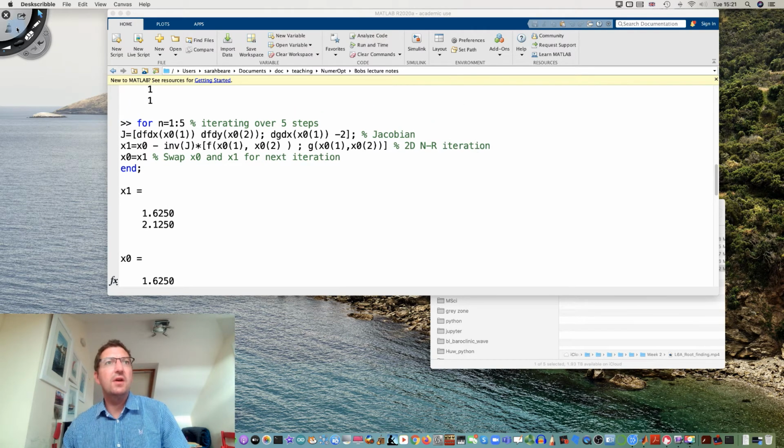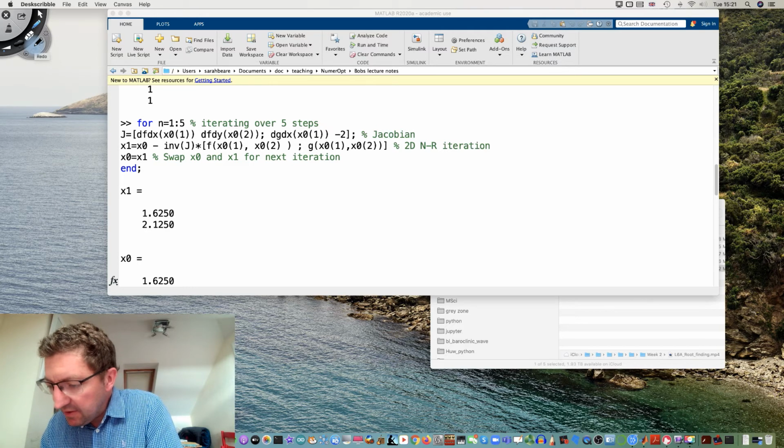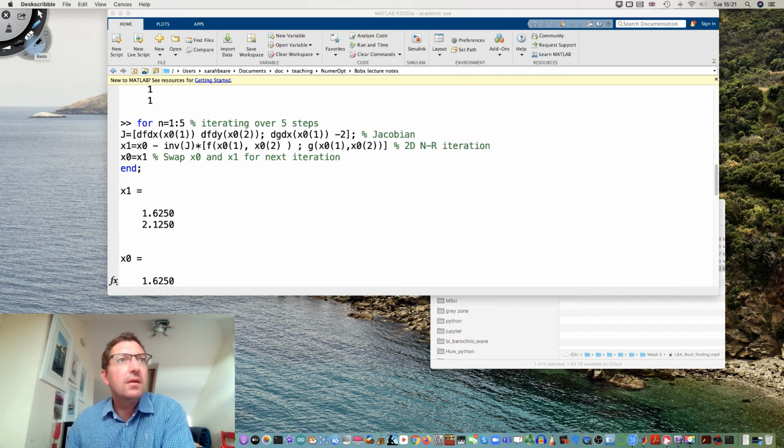Let me also just try and draw a little bit on these different steps. So I might use a different color just to highlight it.